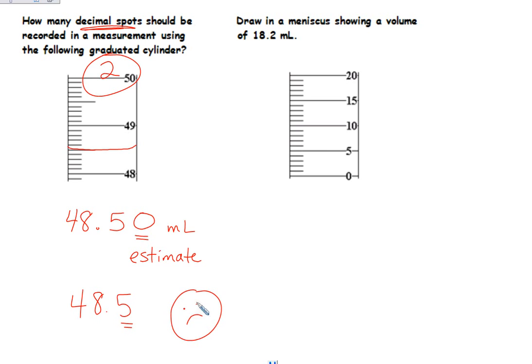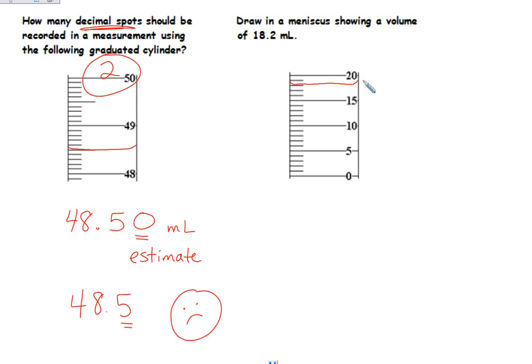The second one, draw in a meniscus showing a volume of 18.2. So let's check these markings. This is 15, 20. So this must be 15, 16, 17, 18, 19, 20. So again, it's really tiny. But maybe something that's just a hair above the 18.2, somewhere in there.